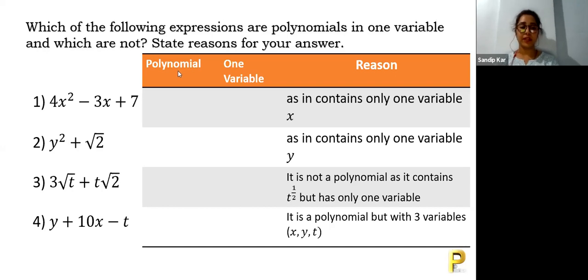You don't have to find the coefficient. You have to answer whether the given expression is a polynomial or not, or is it a polynomial in one variable. I'll tell you.